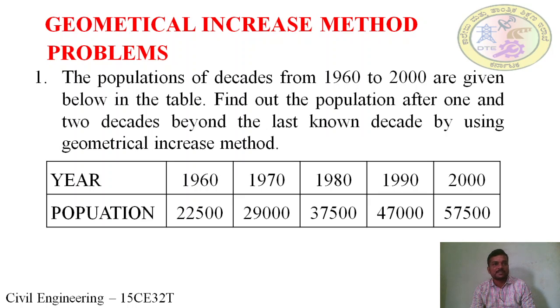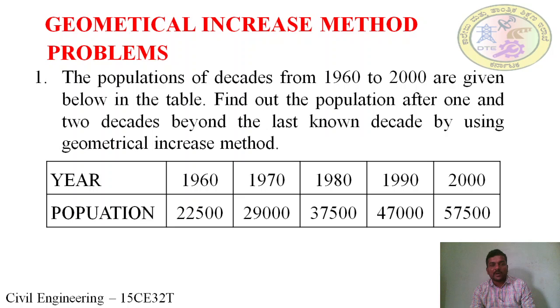The first problem: the populations of decades from 1960 to 2000 are given below in the table. Find out the population after 1 and 2 decades beyond the last known decade by using the geometrical increase method.